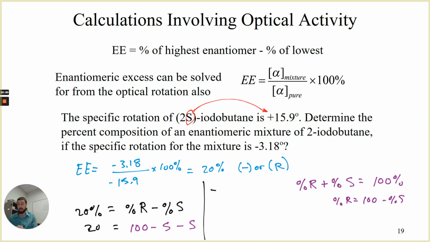I get minus 80 equals negative 2S, or we get S equals 40, which means my R equals 60. Okay, and there is my percents for that end result. That would allow me to do that solve.